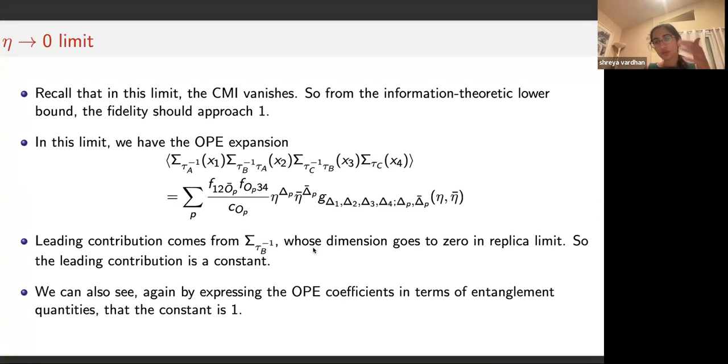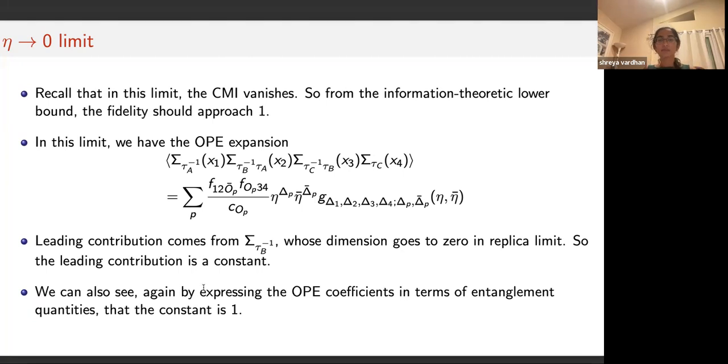So the fact that the dimension goes to 0 tells us that the leading contribution in this case will just be some constant. And then in principle, we get corrections to that constant. This is good because we wanted to see that the leading behavior in this limit is just 1.